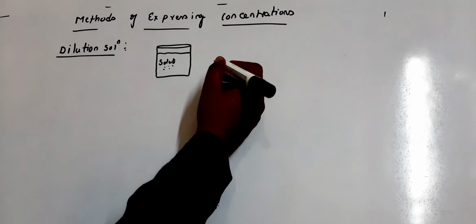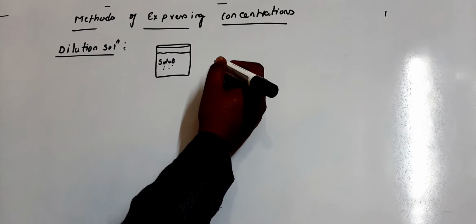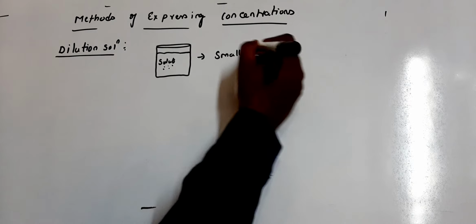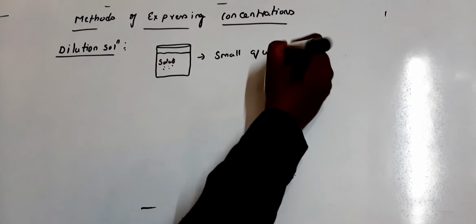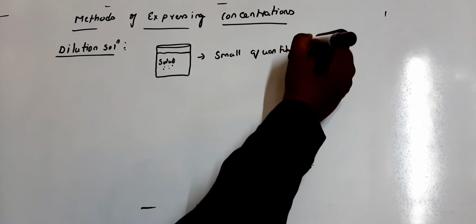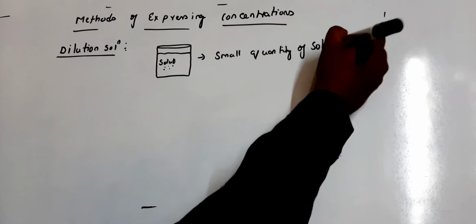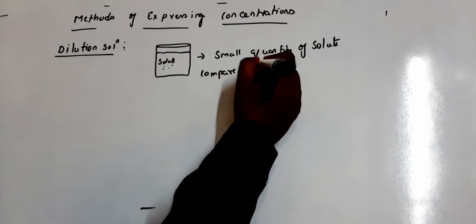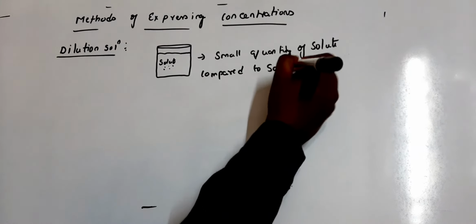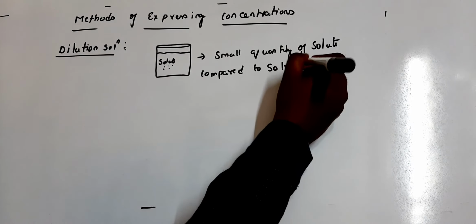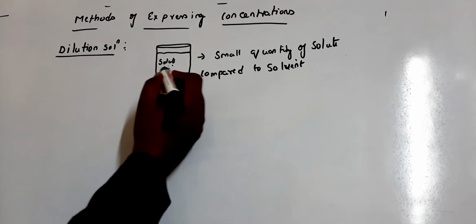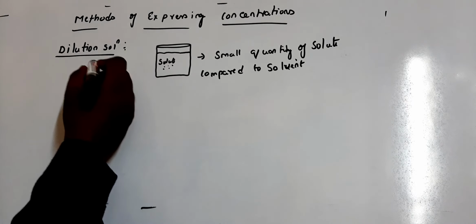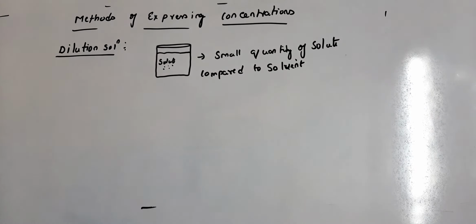That means the solution contains a smaller quantity of solute compared to solvent. When there is a small quantity of solute compared to solvent, the solution is a dilute solution.